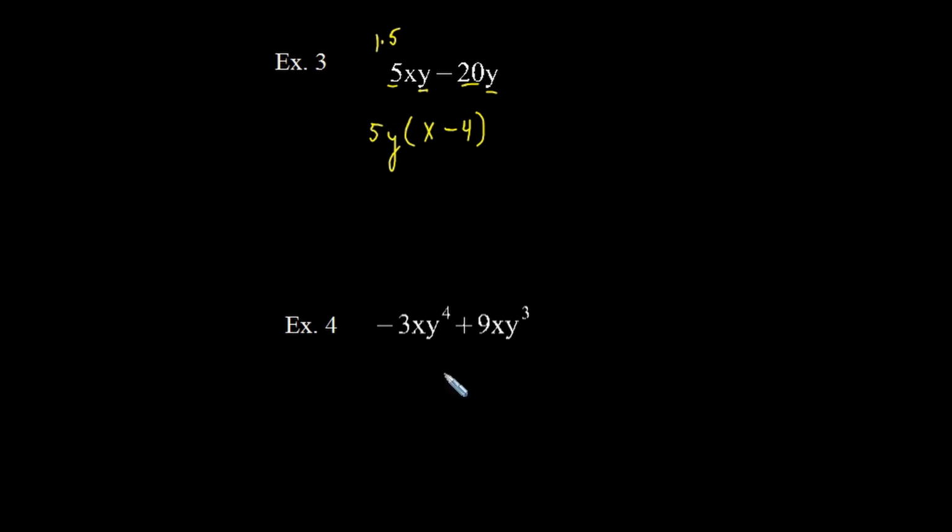All right, so a little wrinkle here for example 4, so you can see that we have a leading coefficient that is negative. As good practice with all polynomials and factoring, we do not want to leave the leading coefficient negative. We typically want to factor out that negative.